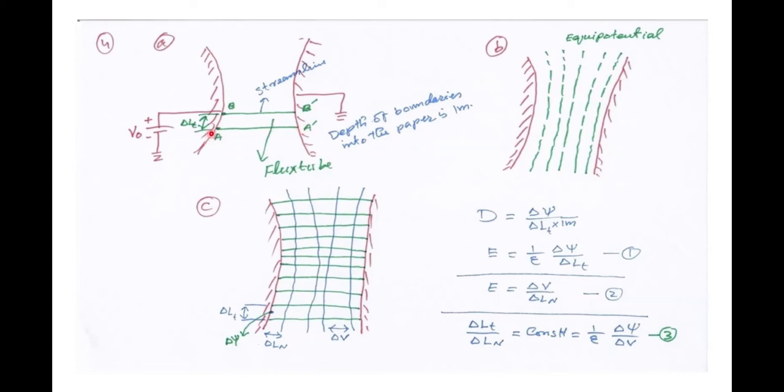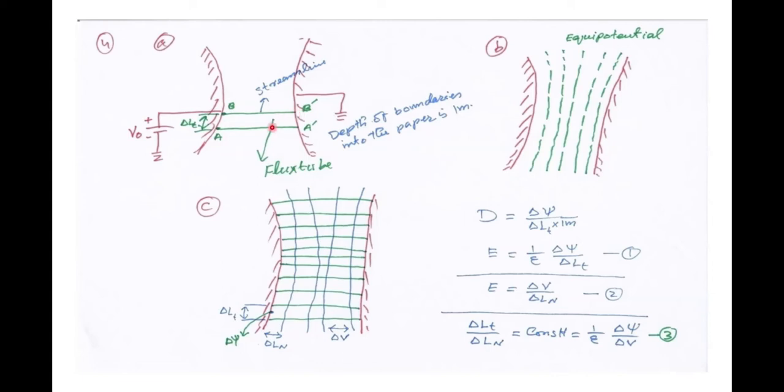As we know, the electric lines of force are streamlines originating from the high equipotential surface and terminating on the low equipotential surface. The green line which starts from A and terminates on A prime represents a streamline. Similarly, another line starts from position B on the left conducting boundary and terminates at position B prime on the right conducting boundary.